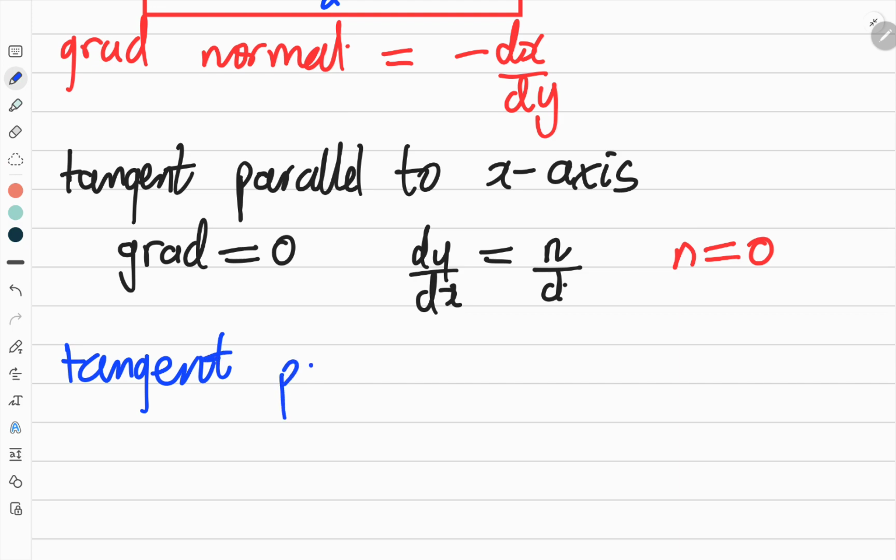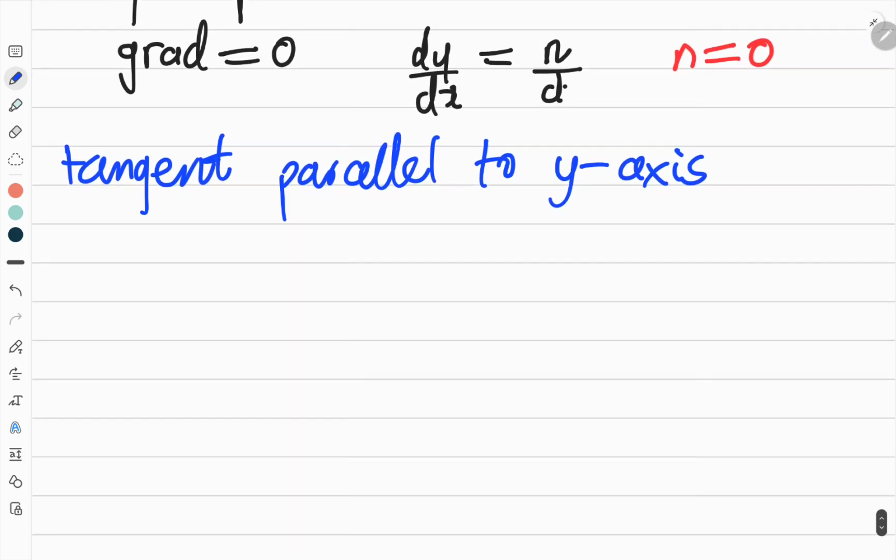Then let us also talk of the tangent. This time it's being parallel to the y-axis, meaning it's sharing the same gradient with the vertical y-axis. So now, what does that imply for the gradient?